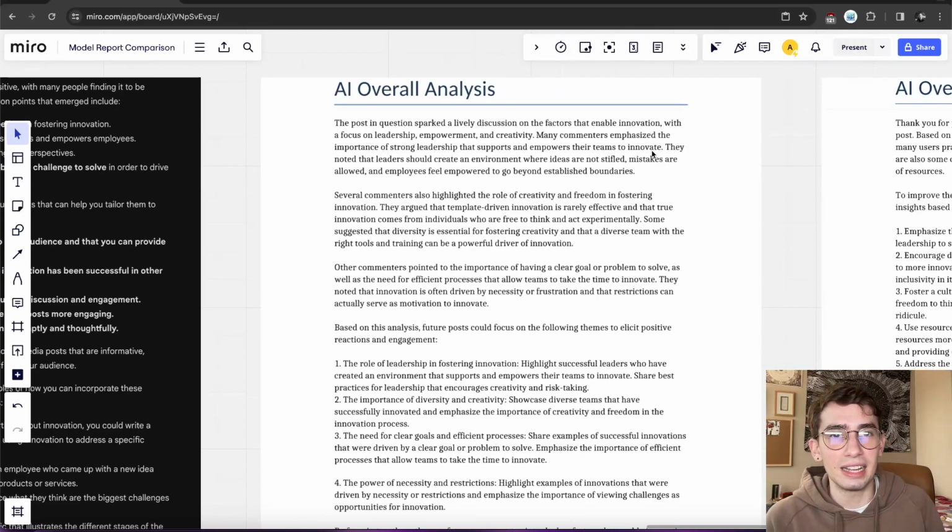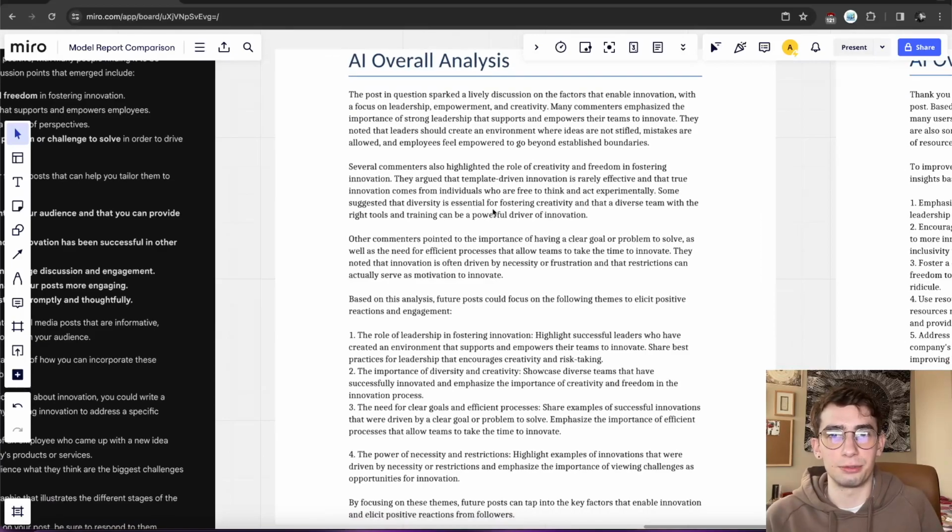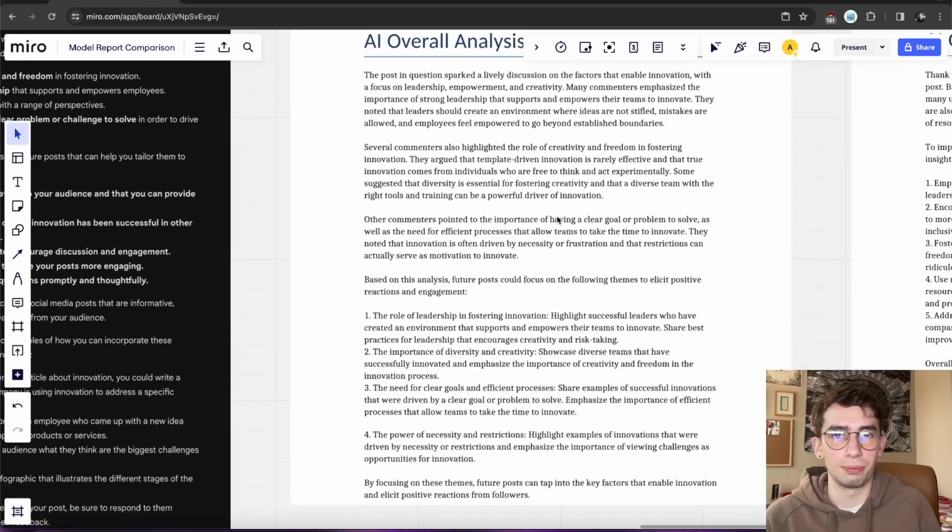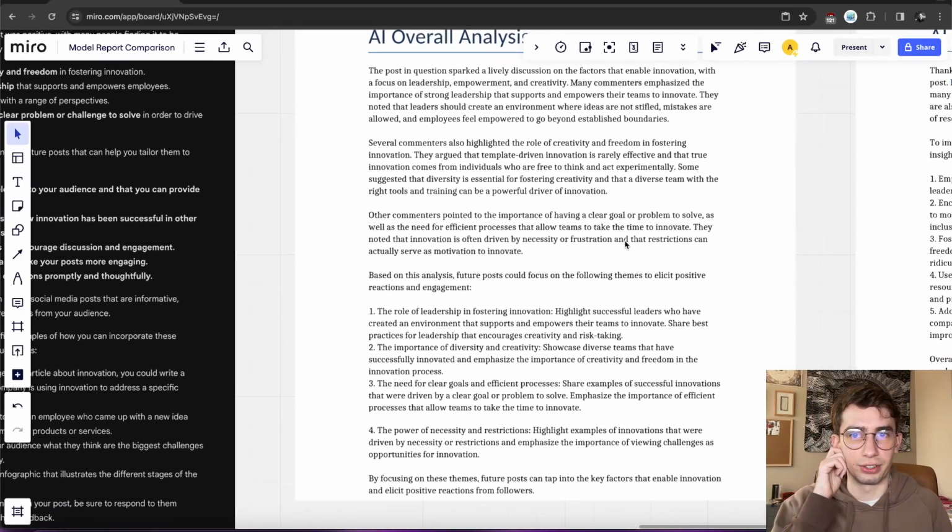So it got some good things like emphasizing the importance of leadership. It noted that leaders should create an environment where ideas are not stifled, the role of creativity and freedom. Other commenters pointed to the importance of having a clear goal.